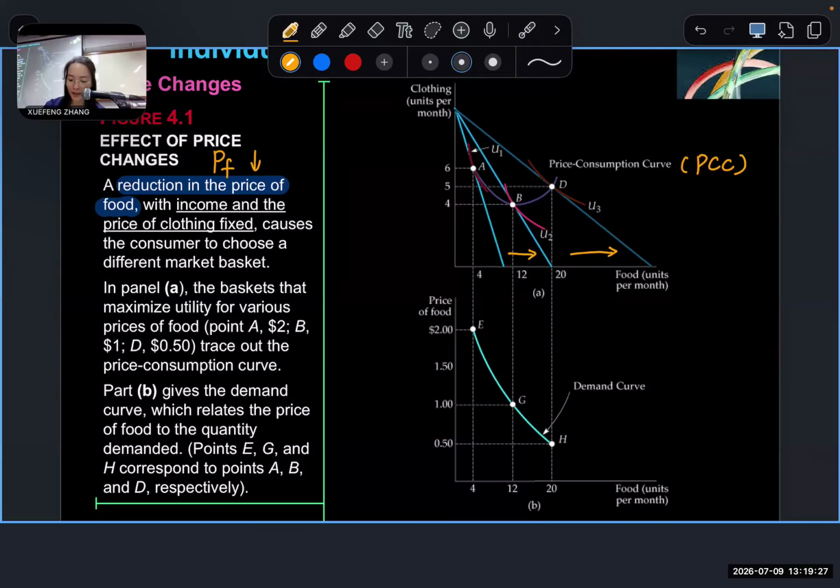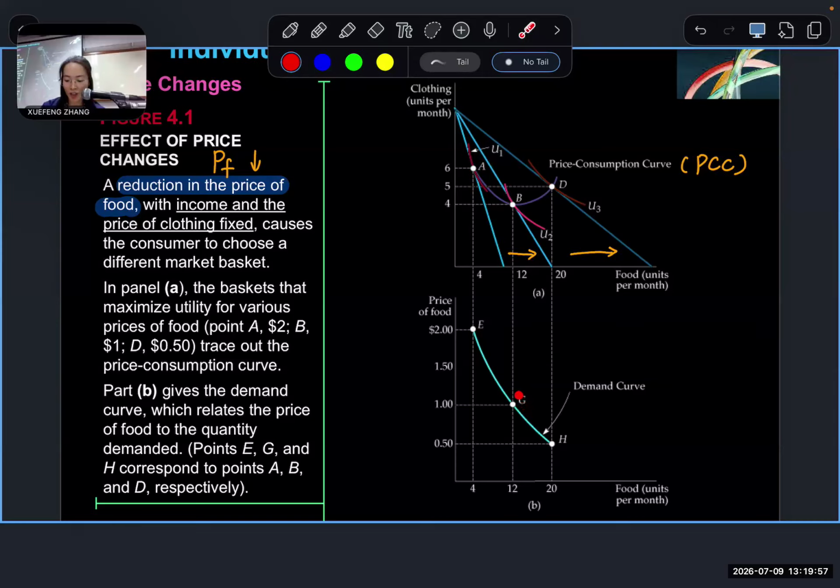Let's see the lower part, this graph. Okay, so the same information from above, and instead here we're gonna plot price versus quantity directly, right? And here is only about food. So basically point E is in terms of point A, right?